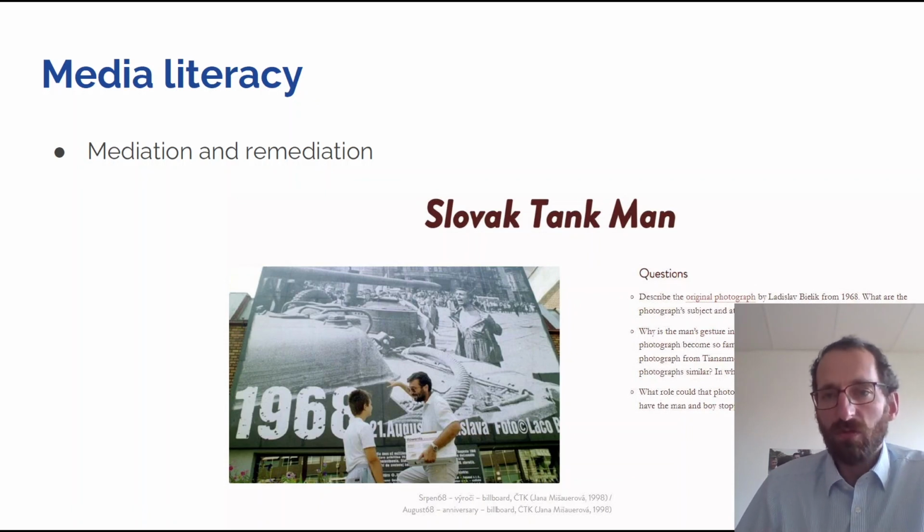And as we know from memory studies, media of memory are very important and shape memory. So that's one way of enhancing the understanding of the memory of state socialism by focusing on the media.